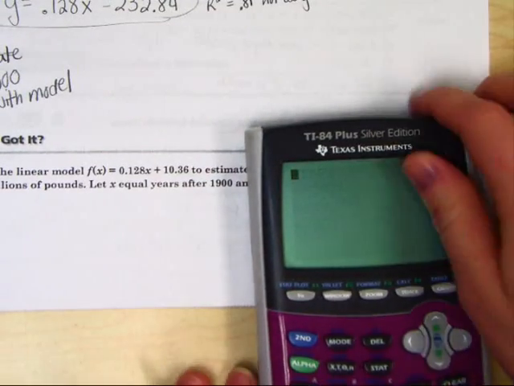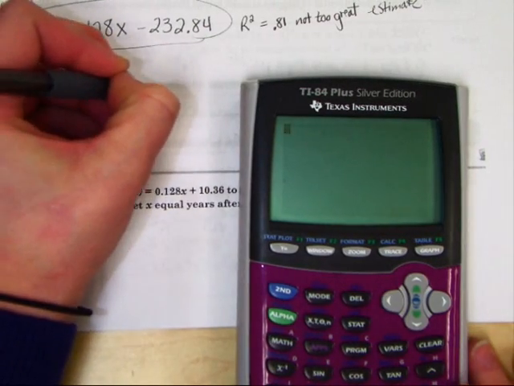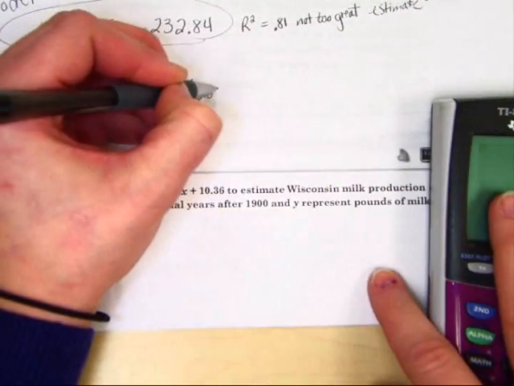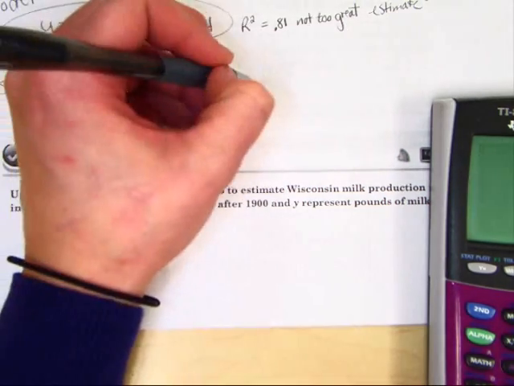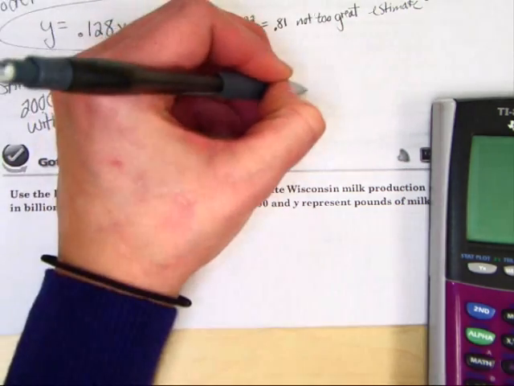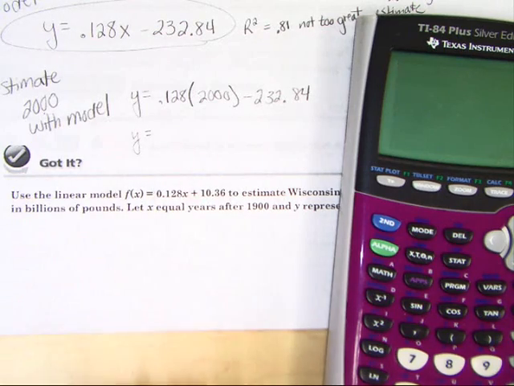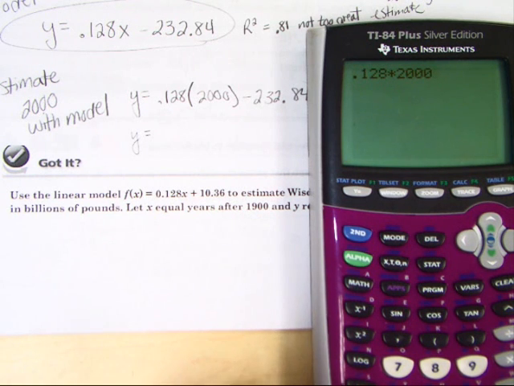So now I'll take my model and plug in 2000. I'll say y equals 0.128 times 2000 because that's my x value, that's the year, minus 232.84. So let's plug that in and estimate about how much milk was made on the Wisconsin farms in 2000. So 0.128 times 2000 minus 232.84.